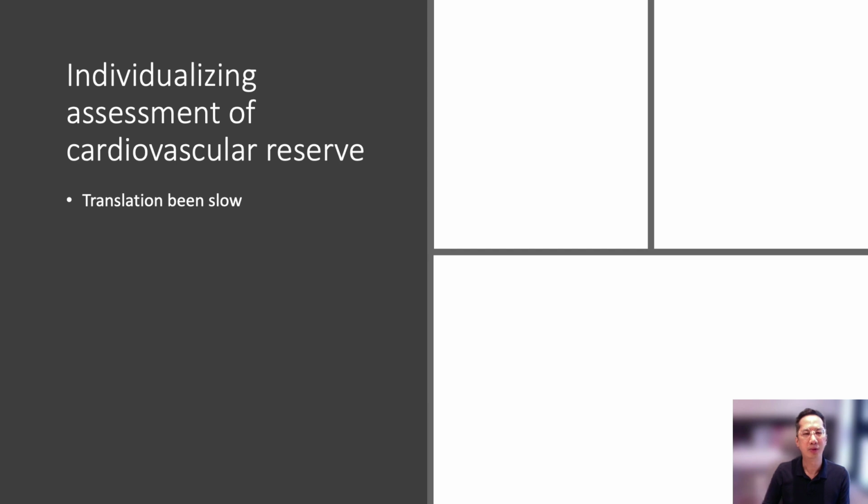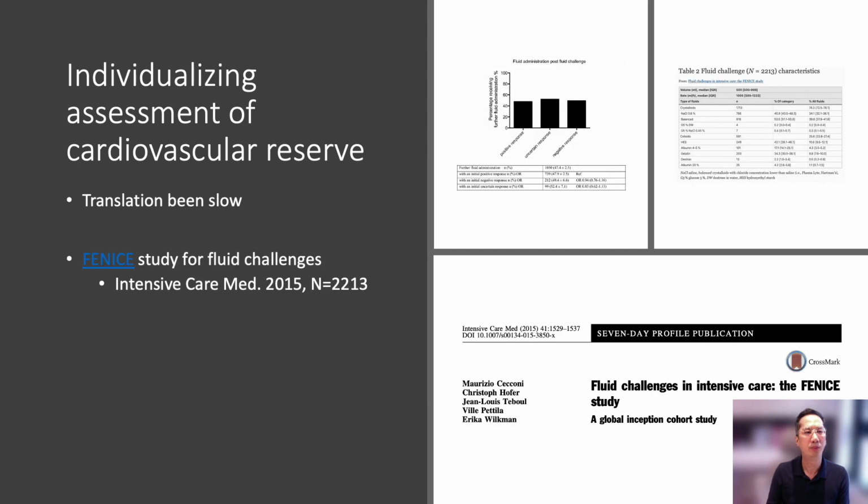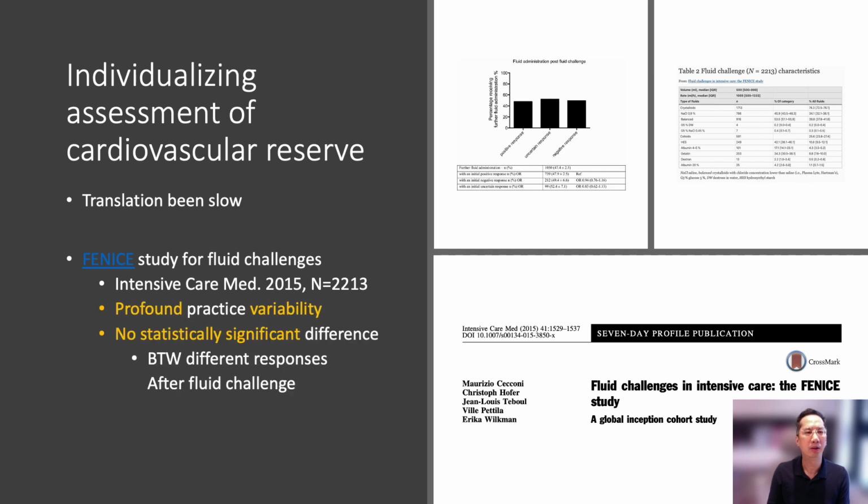First, although the concept was clearly depicted a couple of years ago, the translation has been slow. In one FENICE study published in 2015, about 7 years ago, they studied fluid challenge. They collected data from 2,000 participants. They found the practice varies widely.